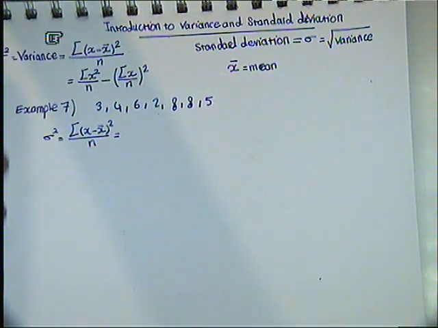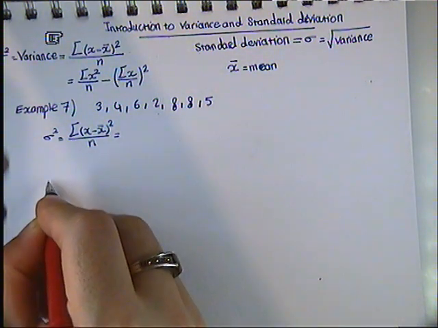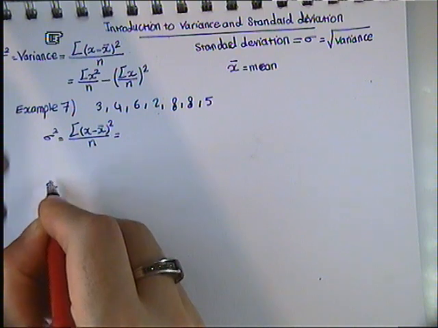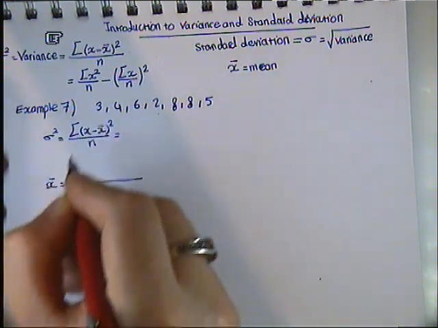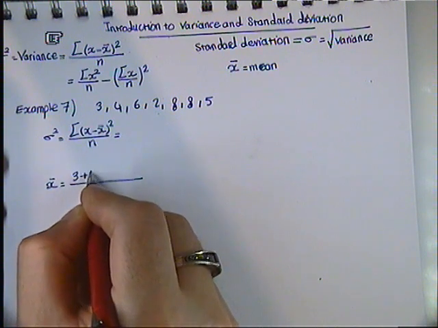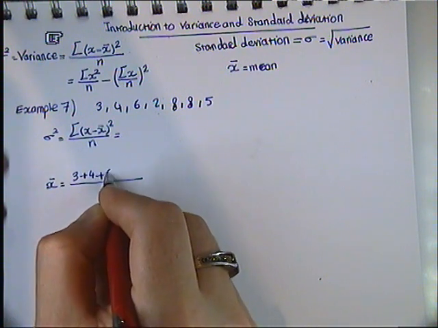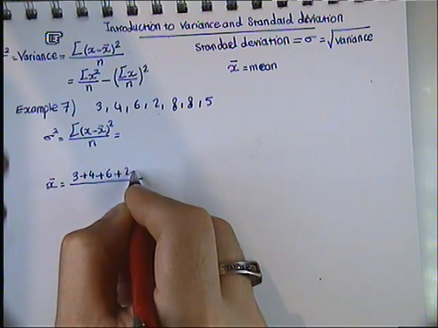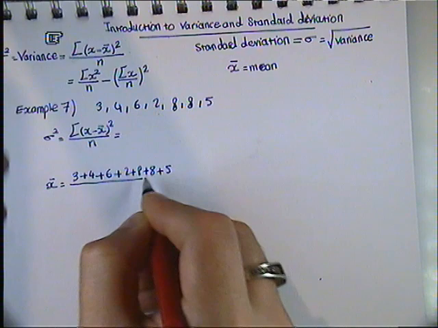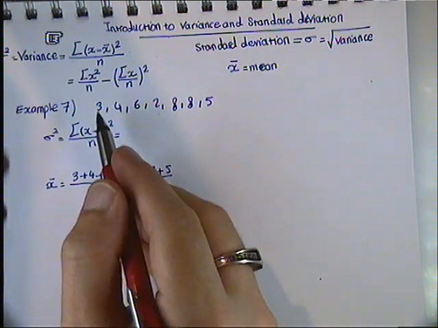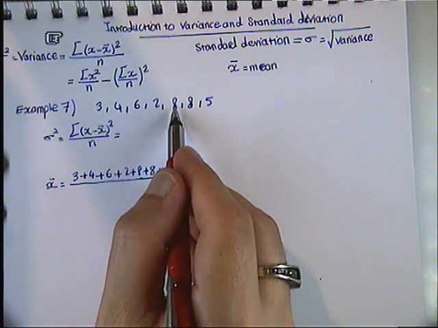So let's work out x bar first. X bar is equal to 3 add 4 add 6 add 2 add 8 add another 8 add 5, divided by 1, 2, 3, 4, 5, 6, 7.